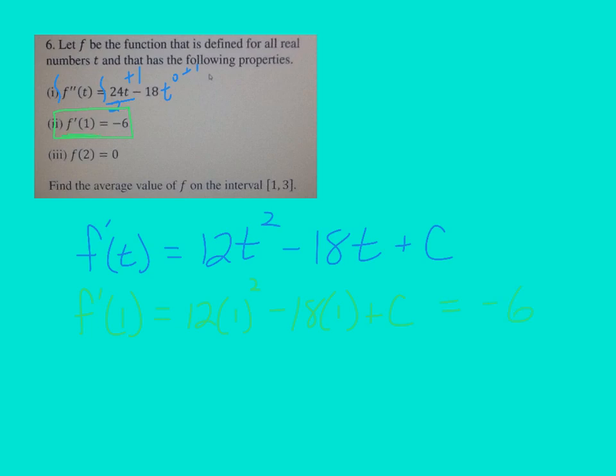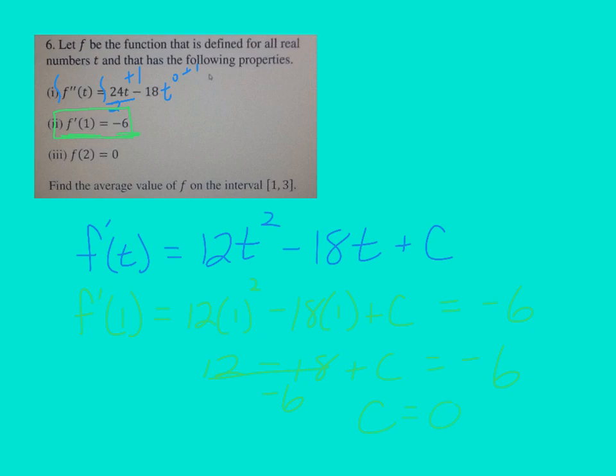So now let's go ahead and see if we can solve this. Well, 1 squared is still 1, so that is 12 minus 18 plus c is equal to negative 6. And well, this whole thing here is just negative 6, so negative 6 plus c is equal to negative 6. c is 0.